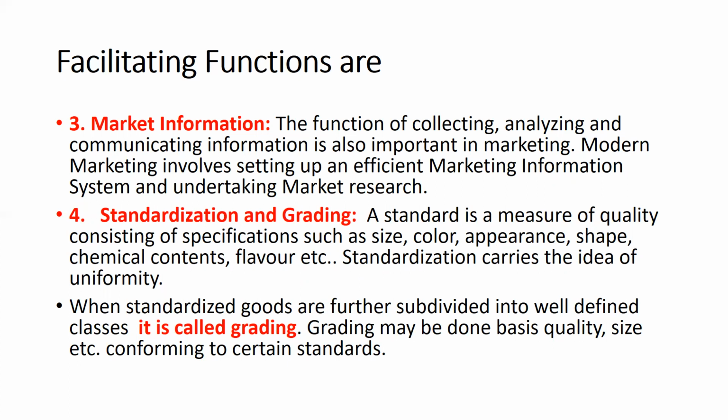When standardized goods are further divided into well defined categories or classes, it is called grading. Grading may be done on the basis of quality, size, and so on, conforming to certain standards. So, we have discussed both the activities, that is standardization and grading.